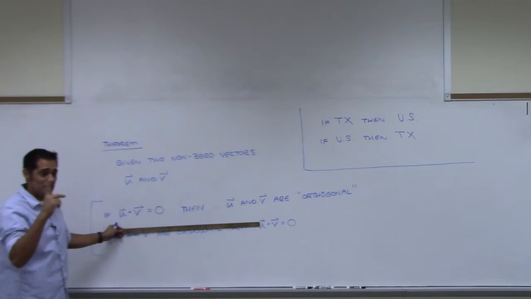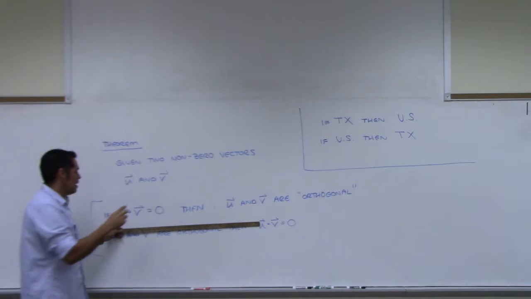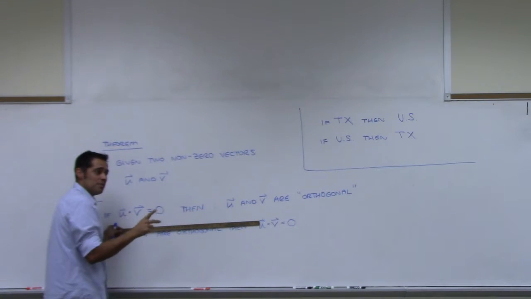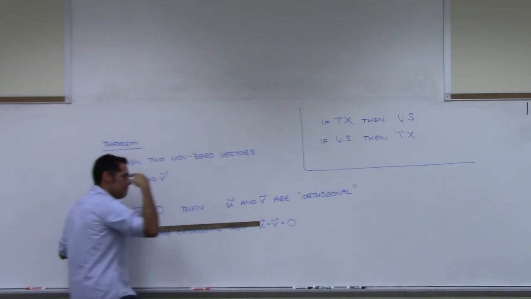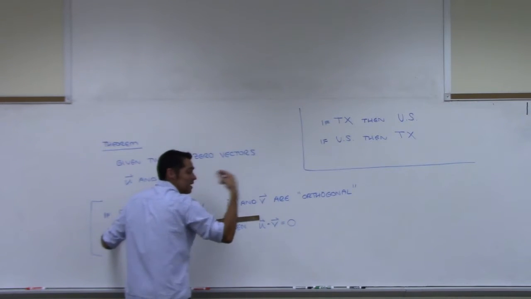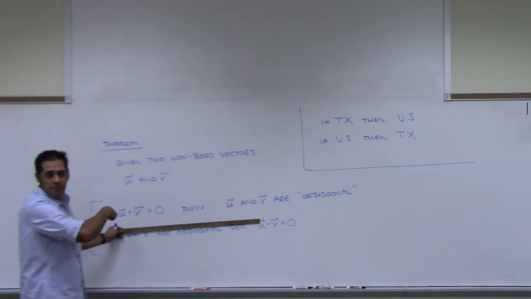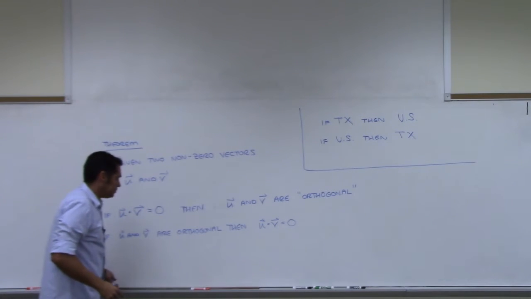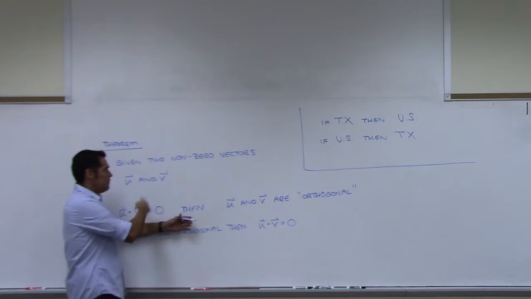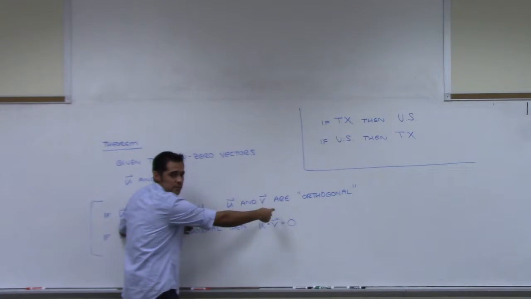Come on, this is logic, so I want you to understand the difference between those statements. If the dot product of two vectors is 0, then they must be orthogonal. But that doesn't mean that just because you're orthogonal, your dot product has to be 0. If you're in my class, then you are in pre-calculus, right?